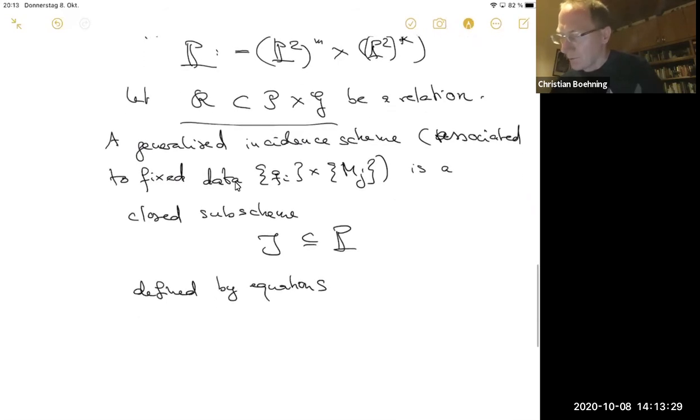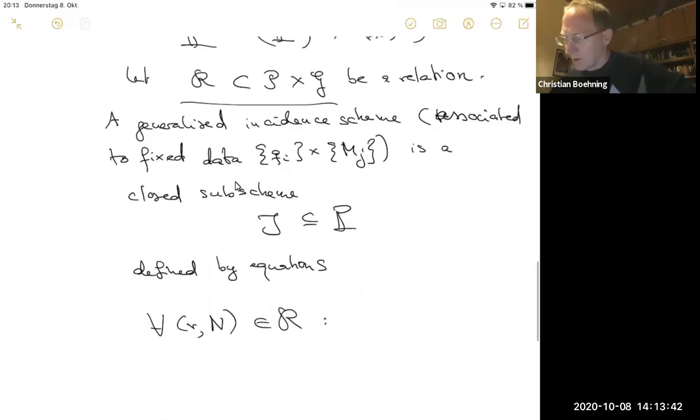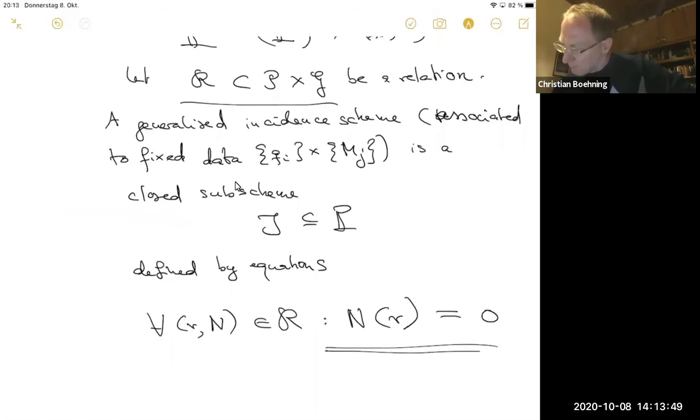Well, of course, for all R and N in this relation, I can view N as a linear form and R as a point in P2, and I just demand that these incidences hold by writing this equation, N of R equals 0.